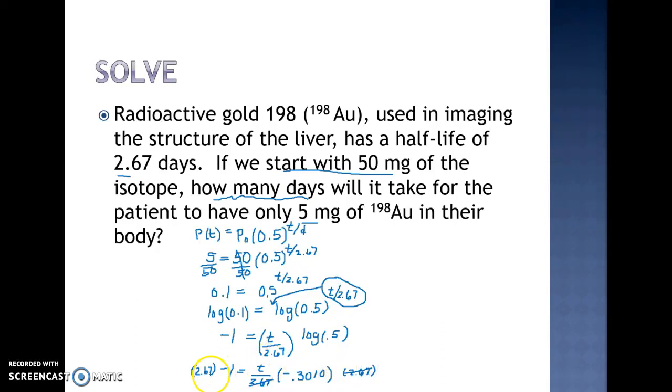And here, this is multiplication, so I get negative 2.67 is equal to t times negative 0.3010. To get t by itself, I do the inverse, so I'm going to divide by negative 0.3010.